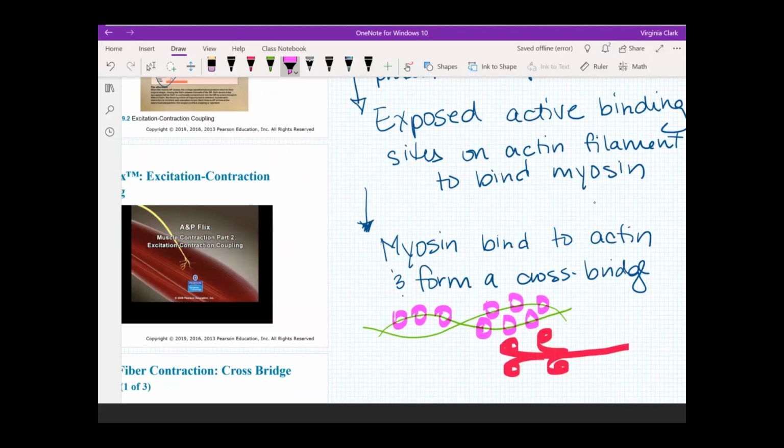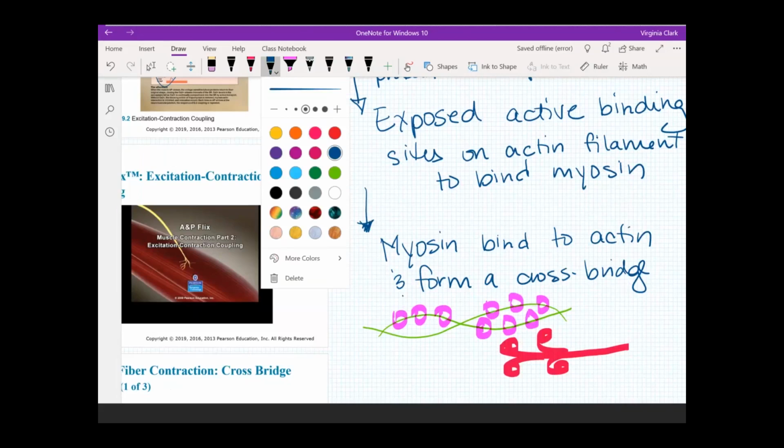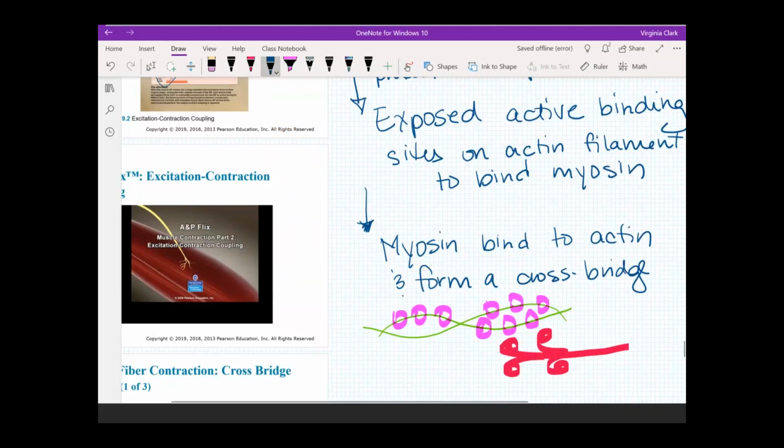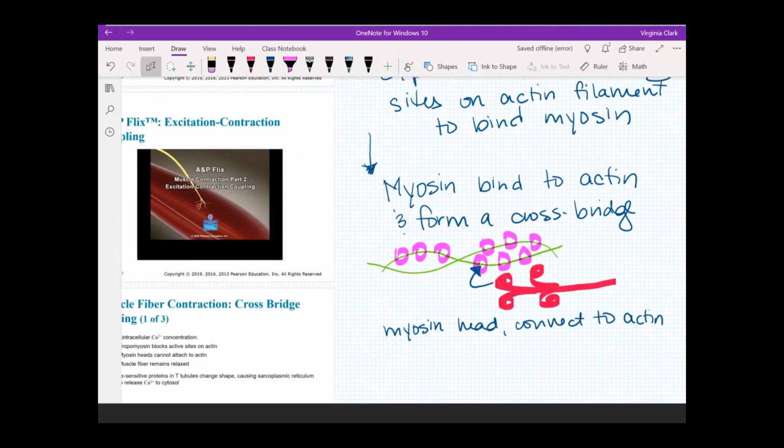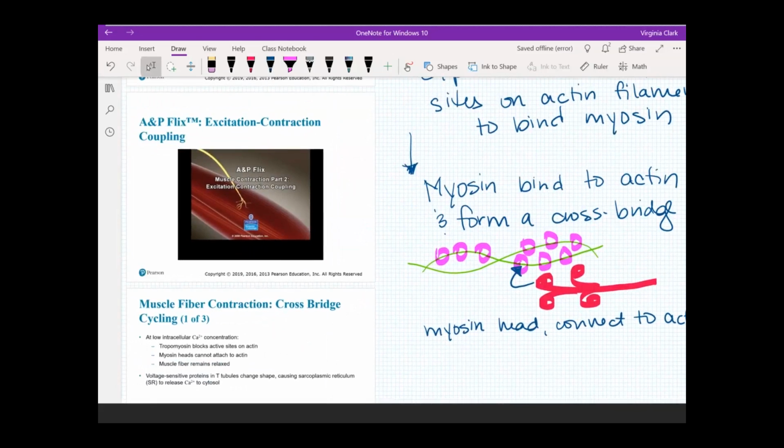We are going to connect our actin and our myosin. So your myosin head will connect to the actin filament. So it'll form a cross bridge. So the myosin head will connect to the actin filament. So now you have the cross bridge, which is myosin and actin connected together.